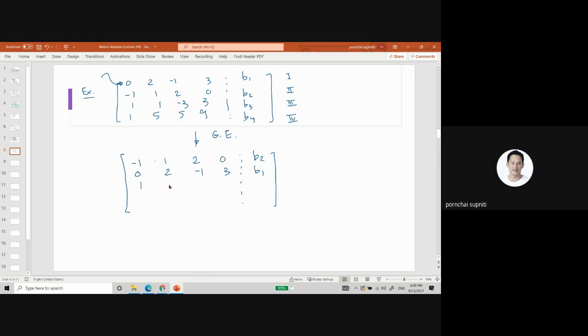Then I have 1, 1, minus 3, 3, B3, and the last row is 1, 5, 5, 9, B4. Let's still call these 1, 2, 3, and 4. For the first and second rows, they look okay.